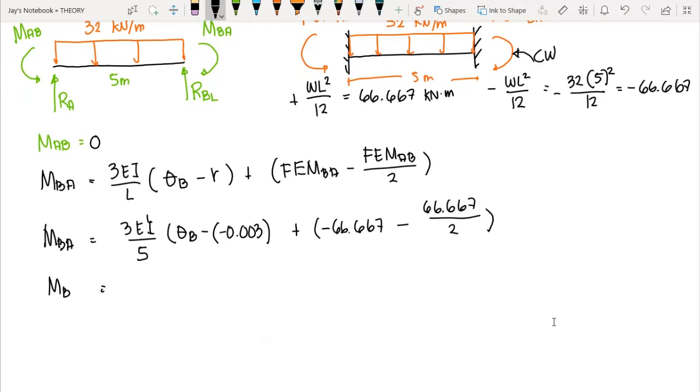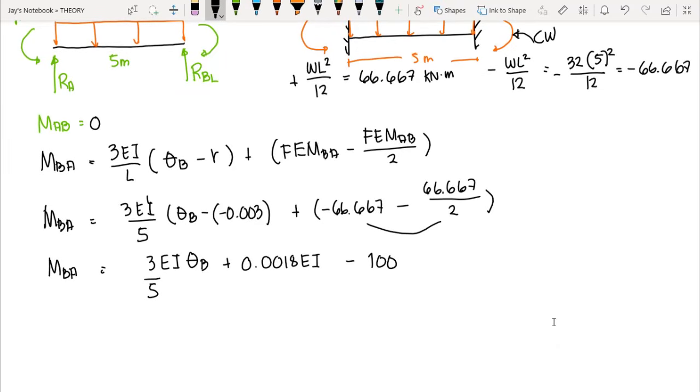So we can simplify it further by multiplying these values here. We have 3 EI theta B over 5, then plus 0.0018 EI, minus, so if you sum this up, we would have negative 100 kilonewton meter.